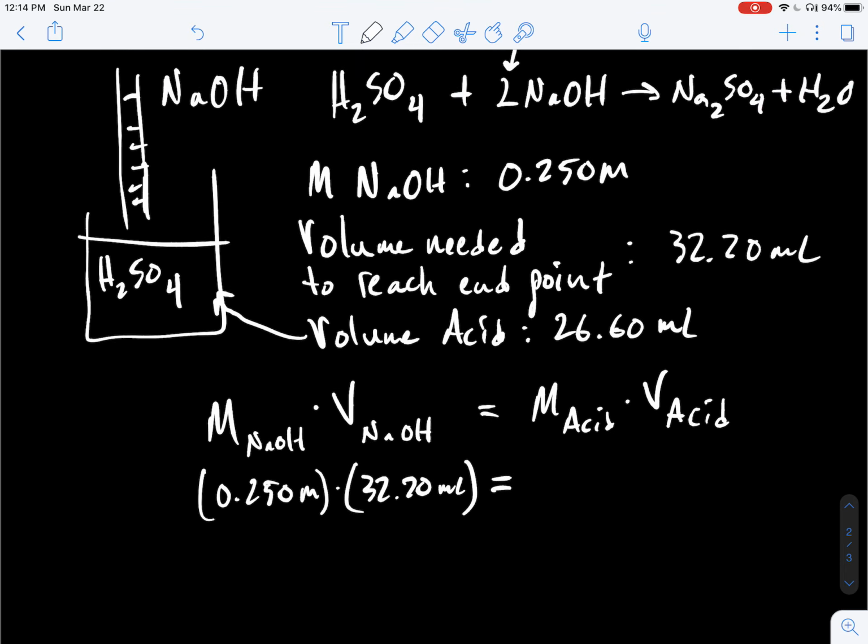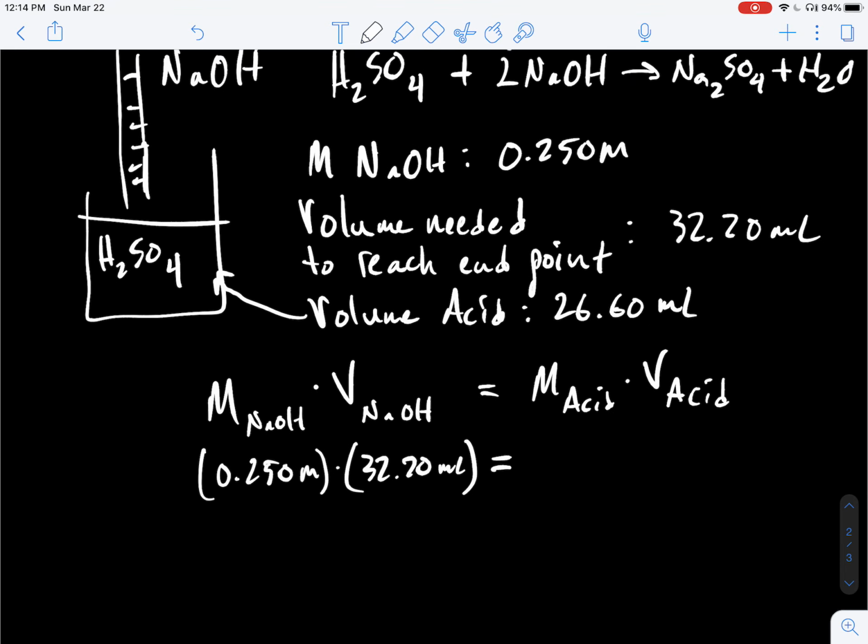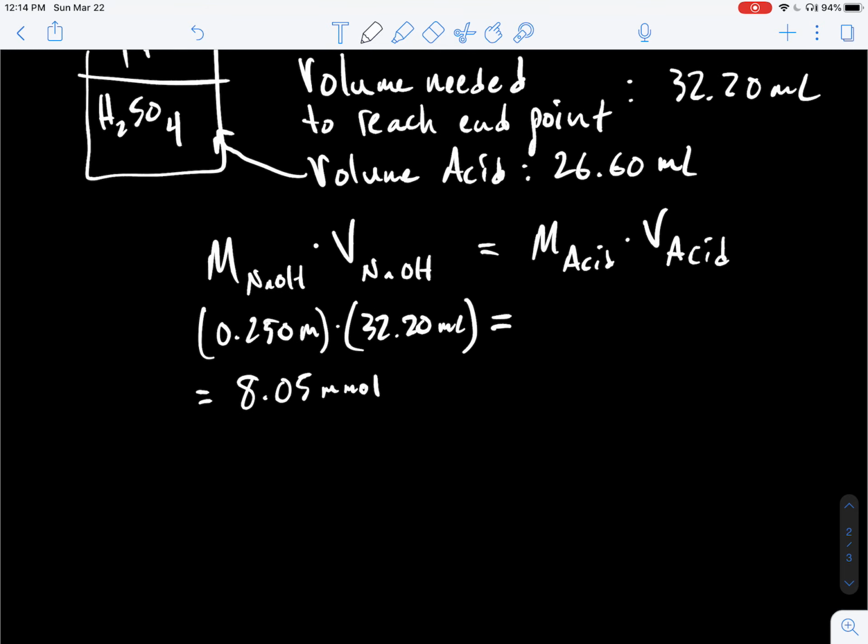So if we think about the stoichiometry, I'm actually going to calculate that out really quick. 32.2 times 0.250 is equivalent to 8.05 millimoles. I multiplied molarity times milliliters, so millimoles of NaOH.